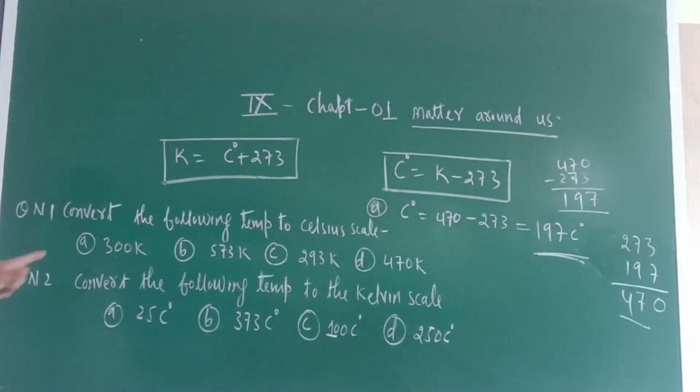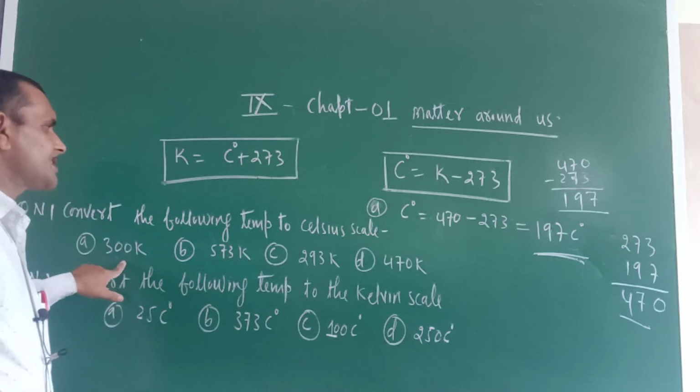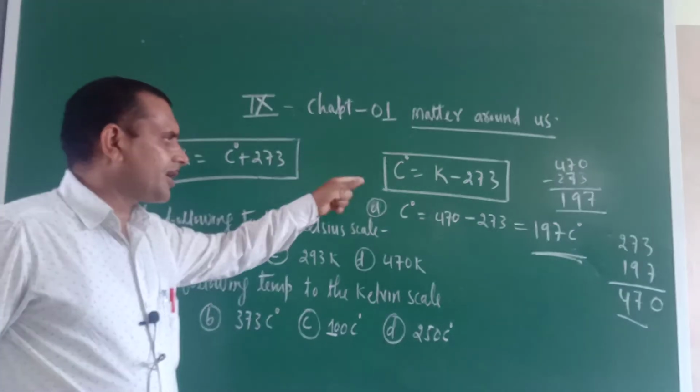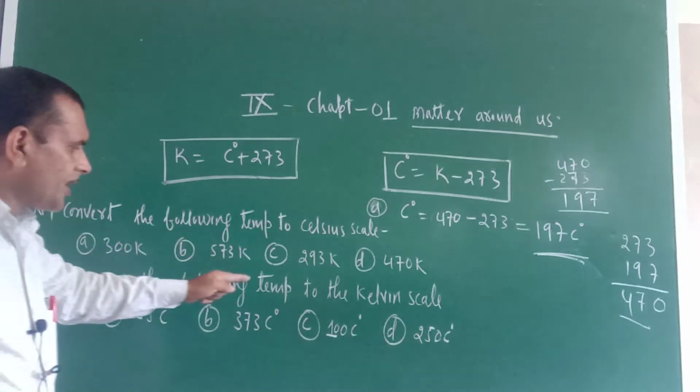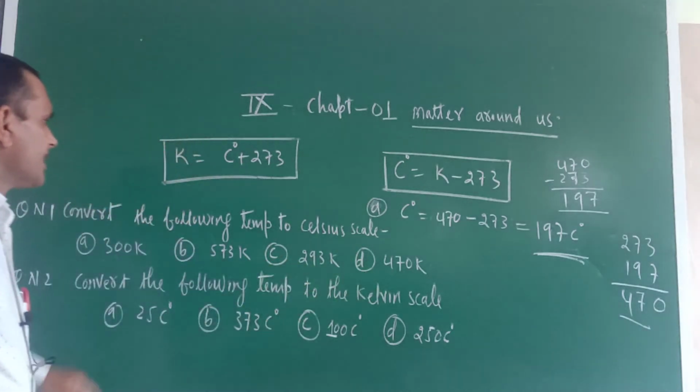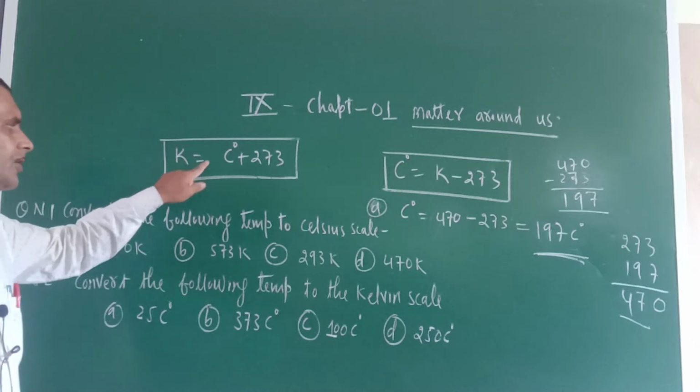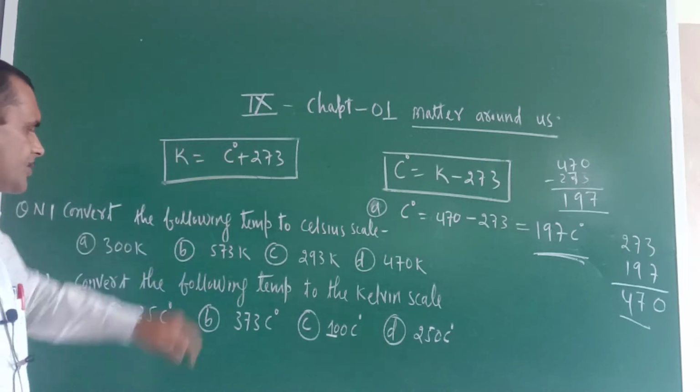In this way, if the Kelvin temperature is given, it can be converted into degree Celsius. Now the next question is, convert the following temperatures to the Kelvin scale. Now Kelvin equals degree Celsius plus 273.